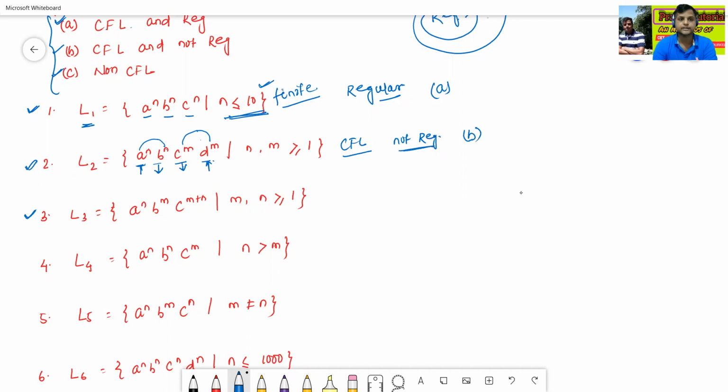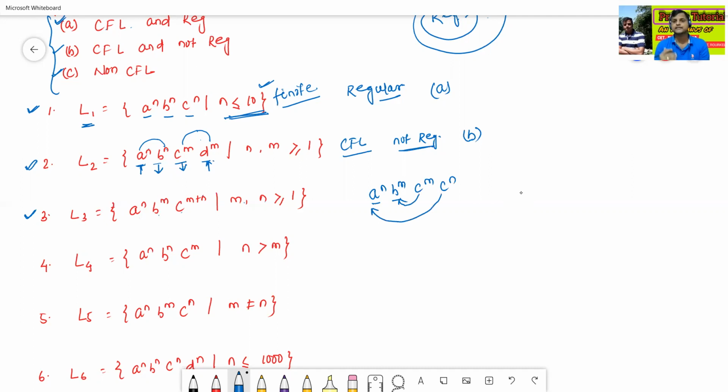See the third question. L3 equals a to the power n, b to the power m, c to the power m plus n, where m, n are greater than or equal to 1. Here A will push, B will push, C will pop B, and C will pop A. So we can also construct a push-down automata.